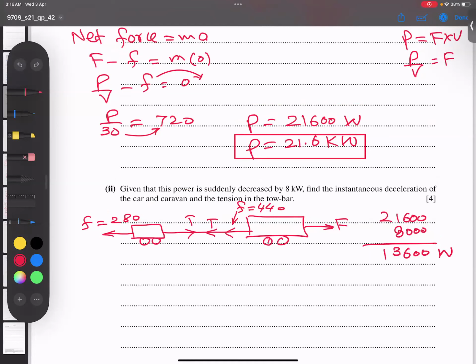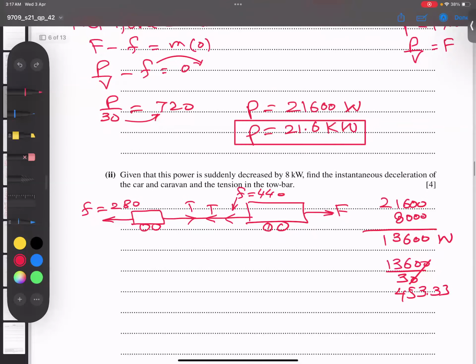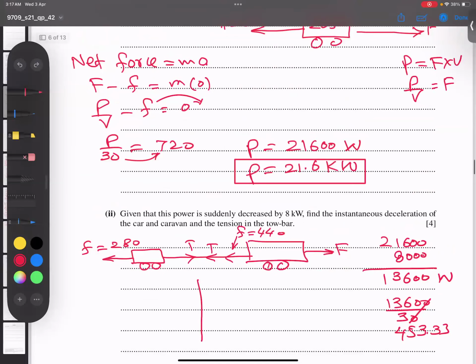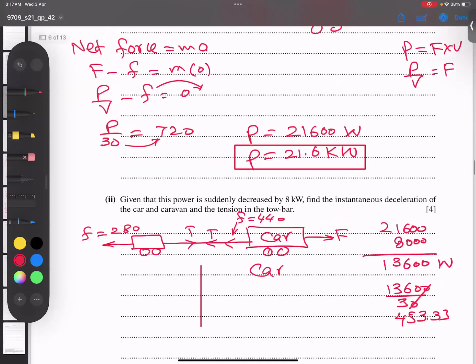Students, what I will do, the power 13600 divided by 30, we get 453.33. So the applied force we got. Now I can make two equations, and two equations are not hard. One for the car and one for the caravan. This is the car, and this the caravan.